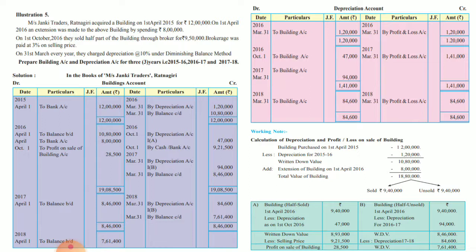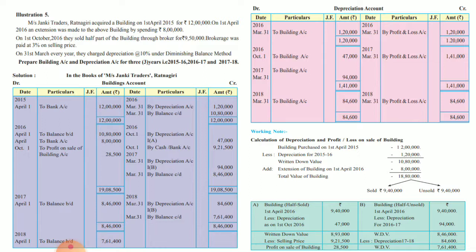Here, the first thing we will do is take up the building which is purchased. It was purchased on 1st April 2015. So let's calculate the depreciation amount and see whether there is a profit or loss on the sale of half the building, because they have sold half of the total building.